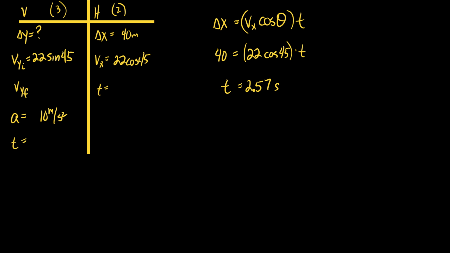I believe you should try and keep as many decimal places as you can in your calculator. I can only write down a little bit though, but it will make it there at 2.57 seconds.